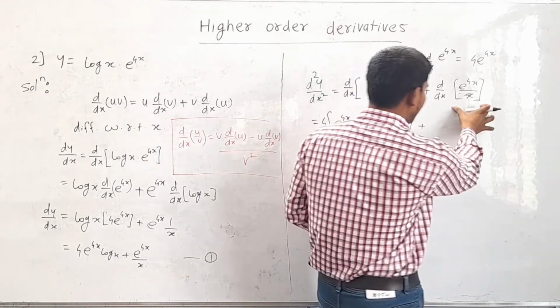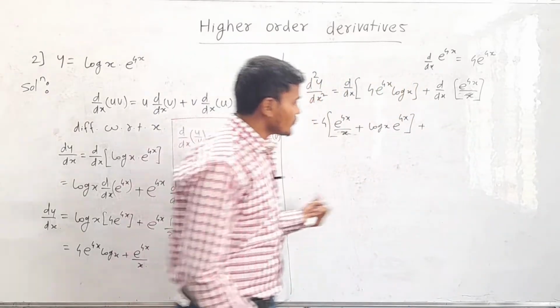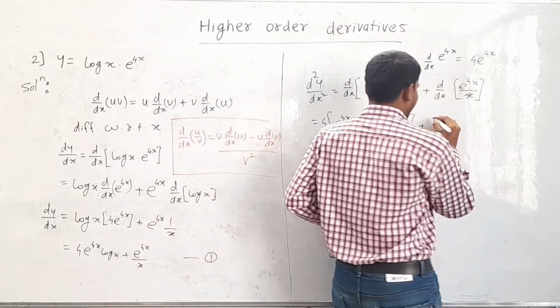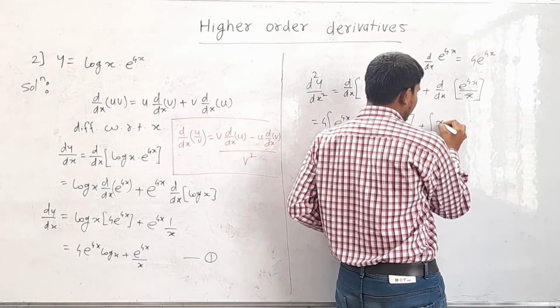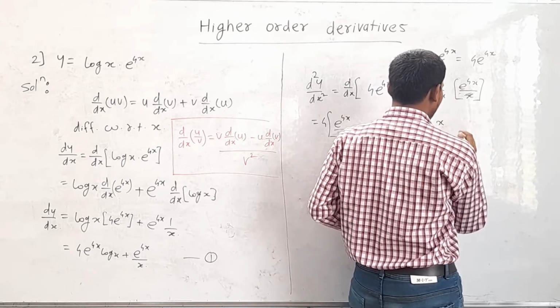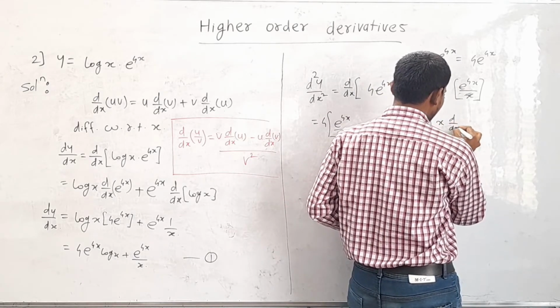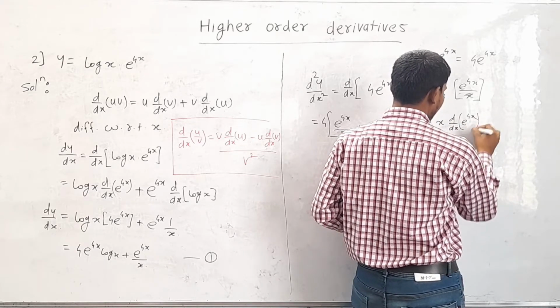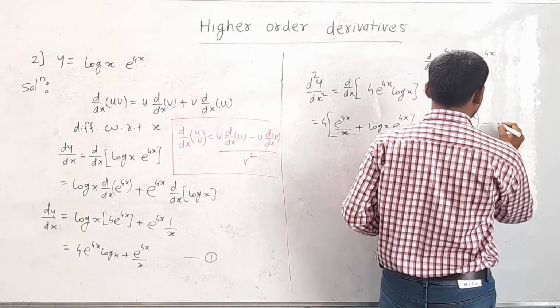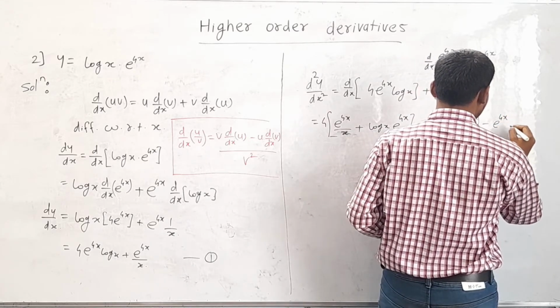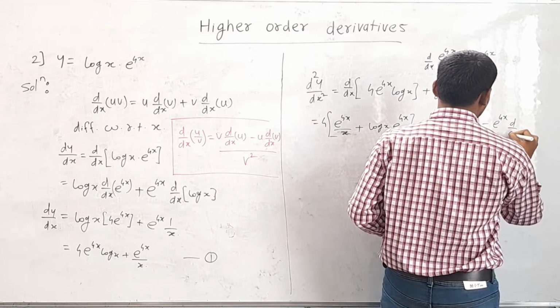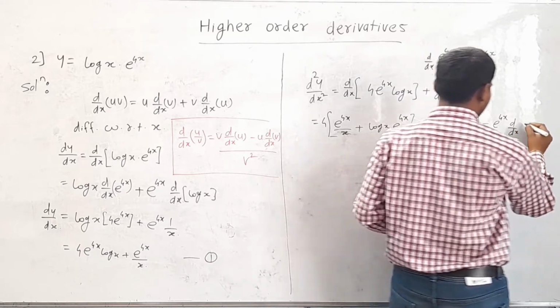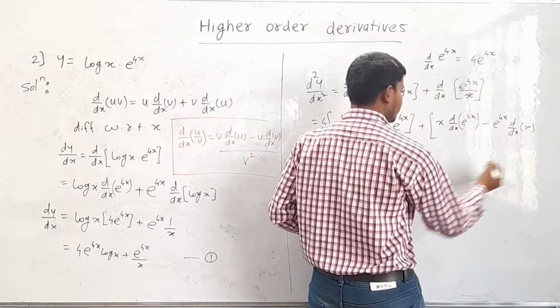Plus now here we have to apply the quotient rule: x times the derivative of the numerator, that is d by dx of e raised to 4x, minus the numerator as it is, e raised to 4x, times the derivative of the denominator, that is x.